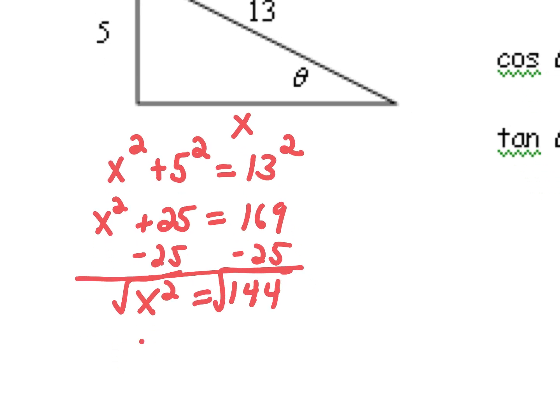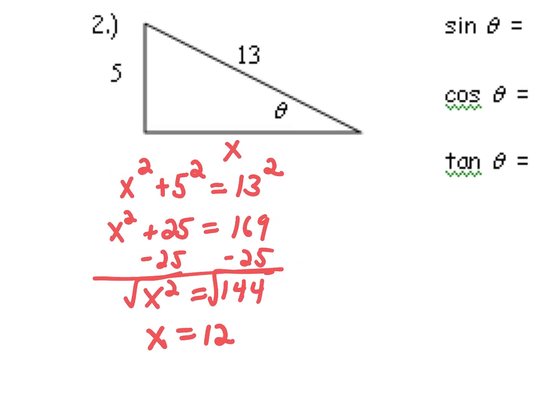Love it when that happens. So x is 12. So what we're learning from this is that 5, 12, 13 is a Pythagorean triple. And it's a lot easier when they work out to be integers because we don't have to worry about rationalizing the denominator or anything like that. So when your numbers work out, it's a lot easier.